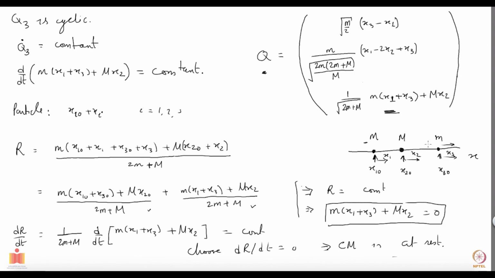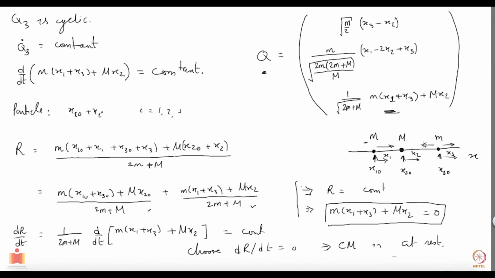When this goes this way, this goes this way. And x2 of course remains put here. x2 has to remain at the same place at all times, because otherwise the center of mass will not be at the same location.